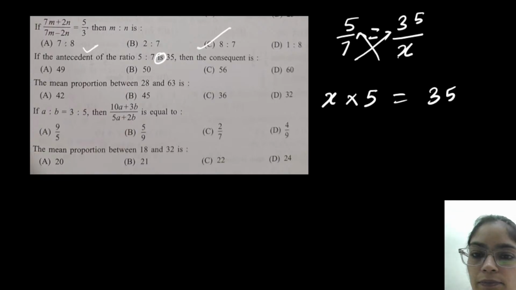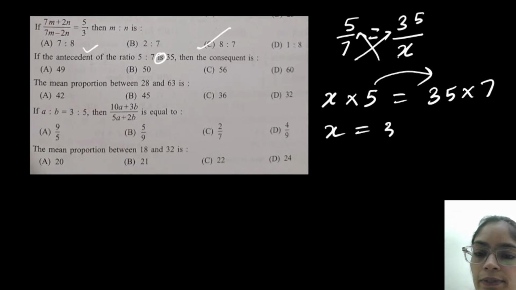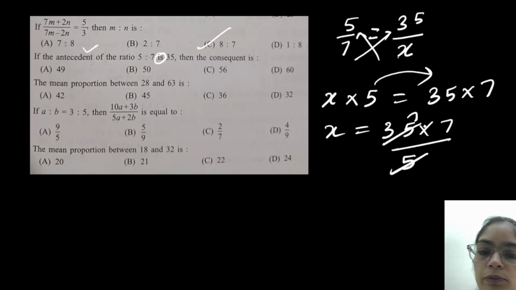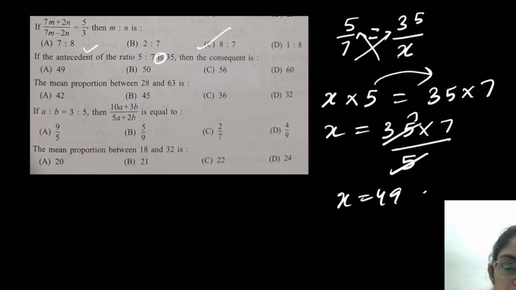So 5 into x is equals to 35 into 7. So 5 will shift to this side, so x is equals to 35 into 7 by 5. So 5 into 7 is 35, x is equals to 49. So x is equals to 49 for this one.